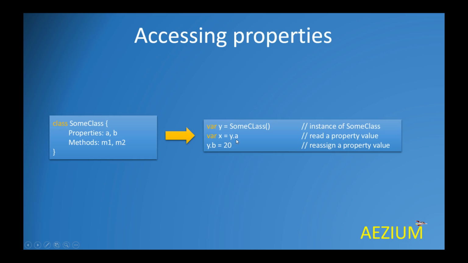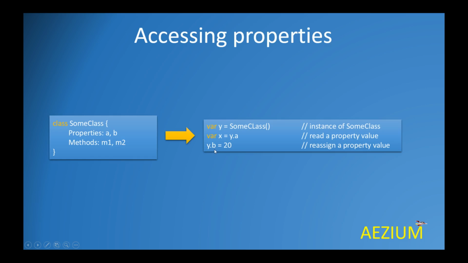So this arrangement here, y.a, will return the value of the property a of parameter y and assign it to our new variable called x. So in this way we can read properties of parameters whose type is a class or a structure.